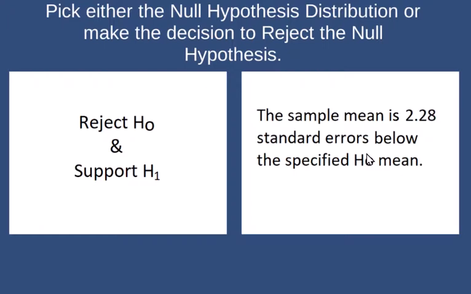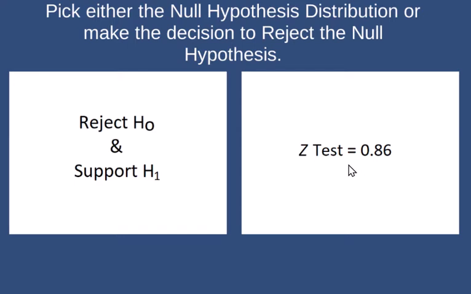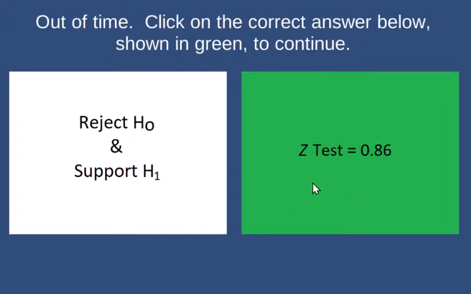And again, our boundaries are the plus and minus 1.96. So a negative 2.28, that's outside of our boundaries, so we'll reject the null. Here we have a z-test of 0.86, that's within the boundaries of 1.96 to negative 1.96, so we will retain the null.